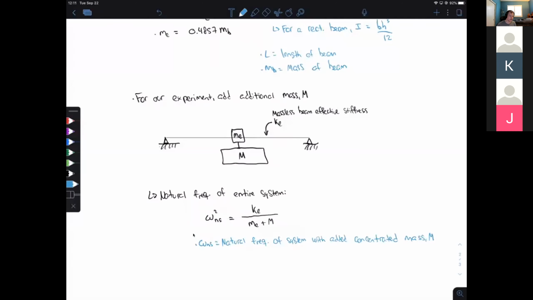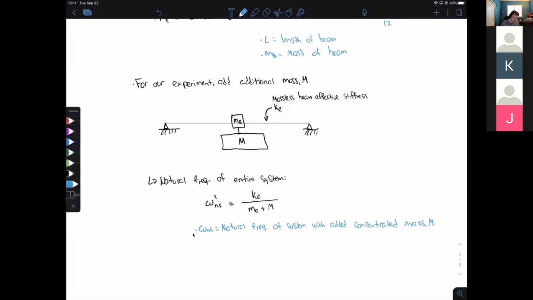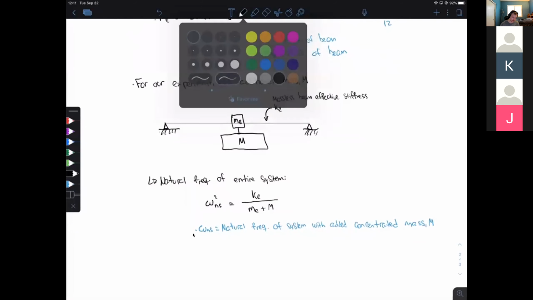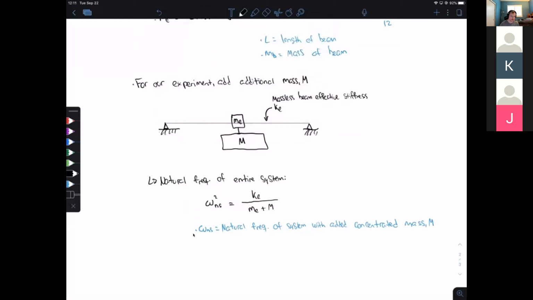So this is one method that we have here. Let's actually box that.